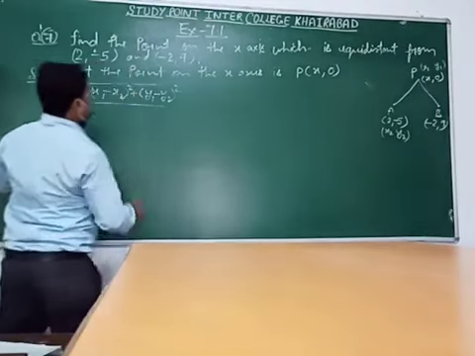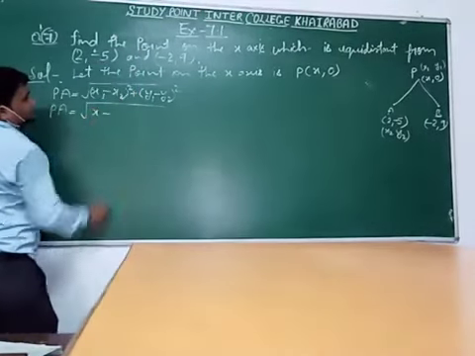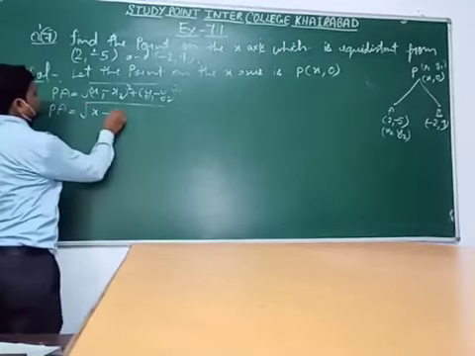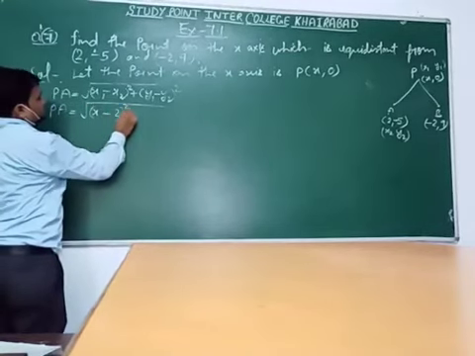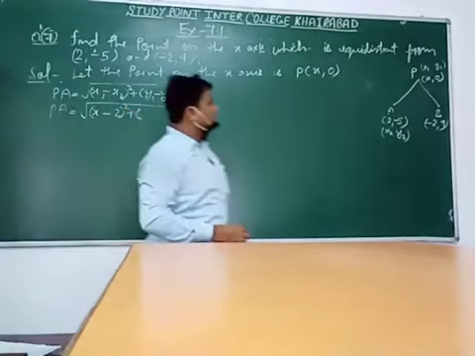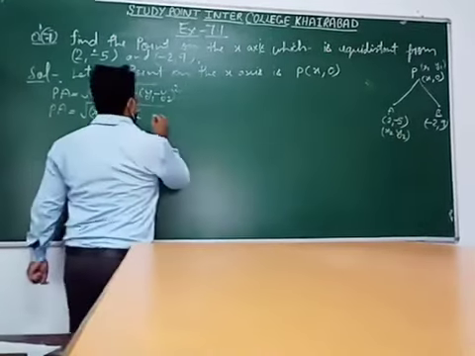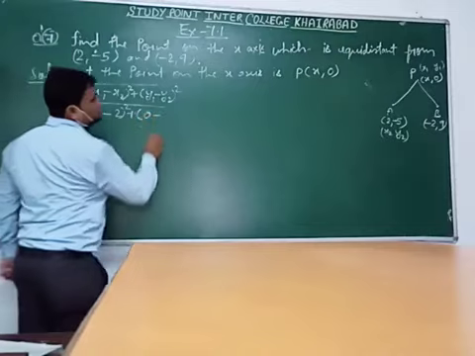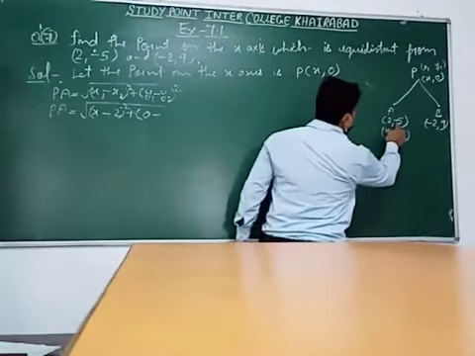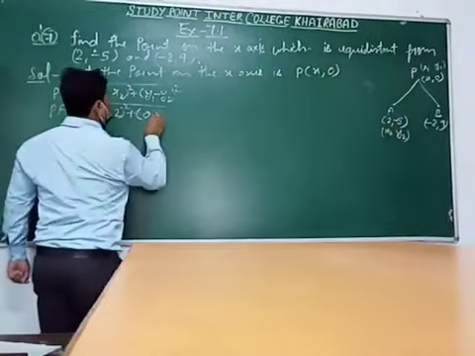So x1 is x minus x2 which is 2, plus y1 which is 0 minus y2 which is minus 5, so it will be plus.